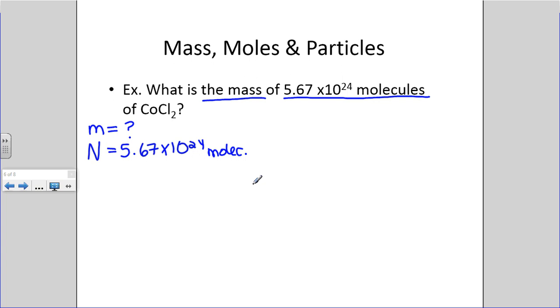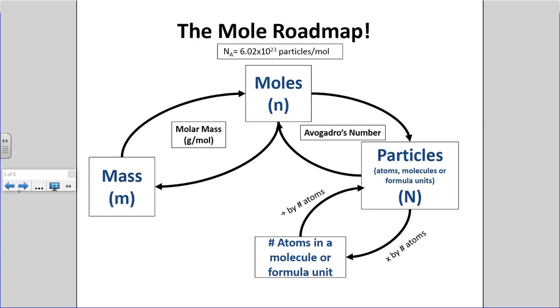So let's go back to our mole roadmap and have a look at how we're going to do this. So in this map, we are starting here with our first problem. We have our number of molecules, that 5.67 times 10 to the 24. We want to end up here because we're trying to find the mass.